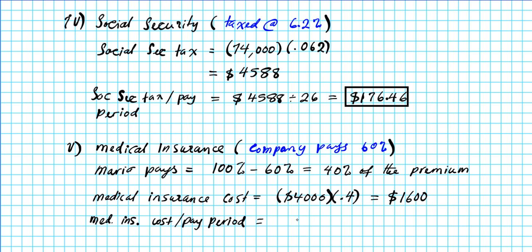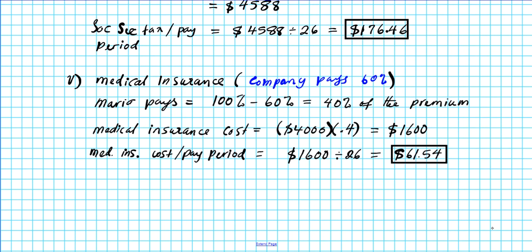So as we've done in previous parts, we'll just take her annual medical insurance cost and divide that by the number of pay periods in her pay period, which is 26. And that gives us $61.54. This is how much that gets deducted from Maria's paycheck every pay period for medical insurance costs.